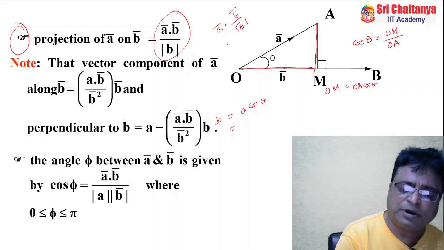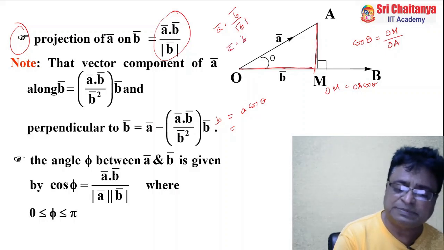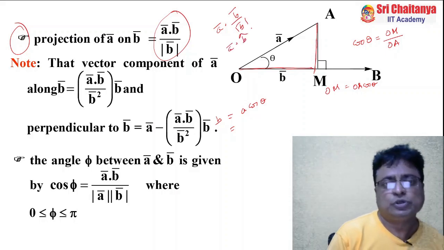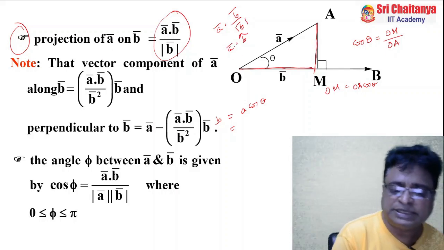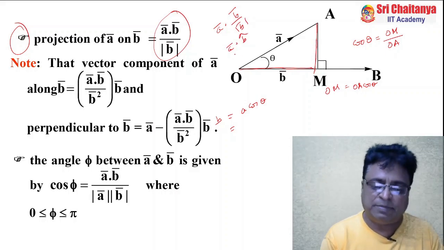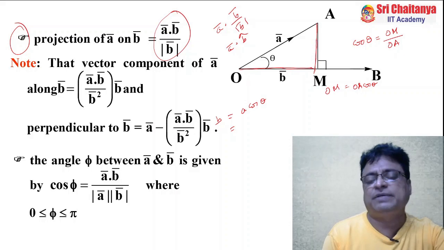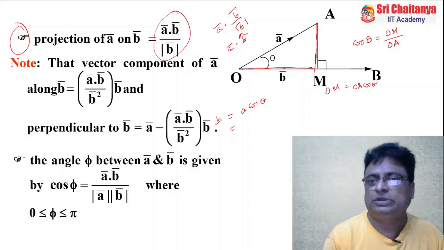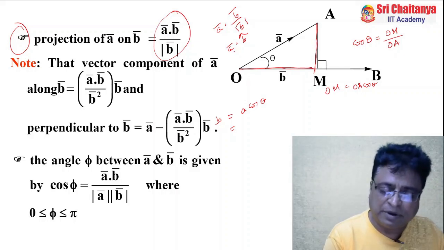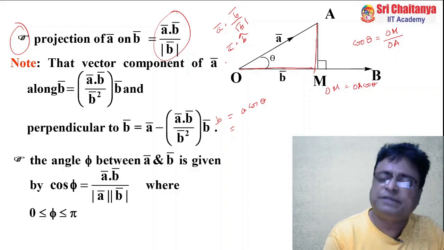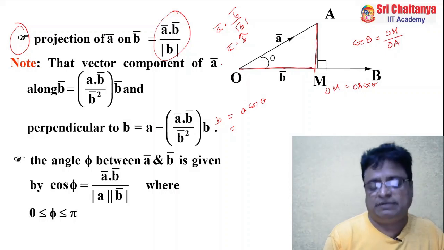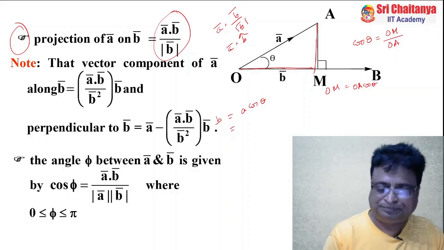What is B bar by mod B bar? Unit vector, that is B cap. So projection of A bar on B bar is the dot product between A bar and the unit vector along B bar. Dot product of A bar, the first vector, and the unit vector along the second vector, A bar dot B cap.